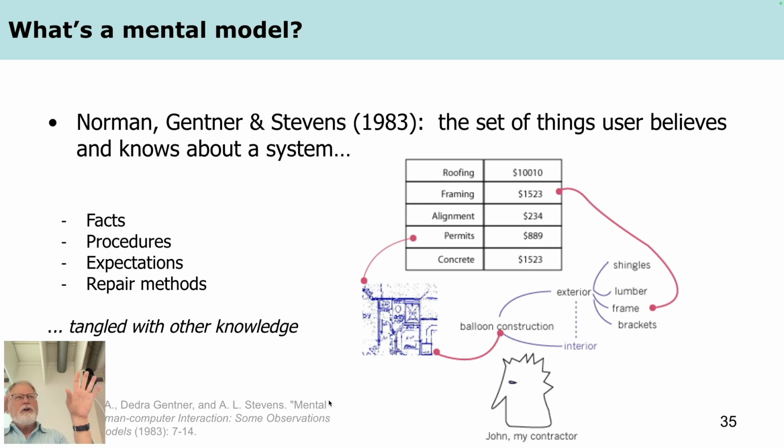And a welter is a fancy English word meaning whole bunch of stuff all laid on top of each other. May not be coherent. So this is my sketch of what a welter would be for the mental model that my contractor, John, has of the remodeling project in my house. So he thinks about the spreadsheet of costs, he thinks about the blueprints, he thinks about all the concepts involved. It's not a neat little box you can draw a line around.